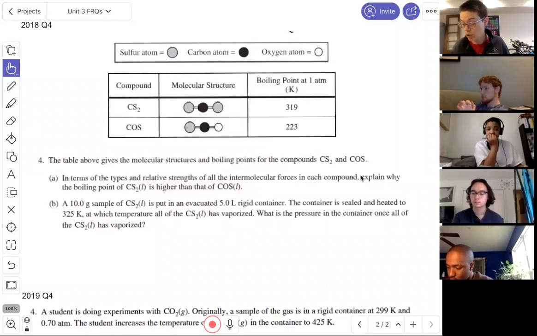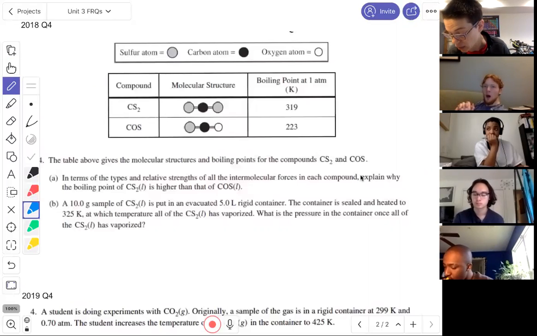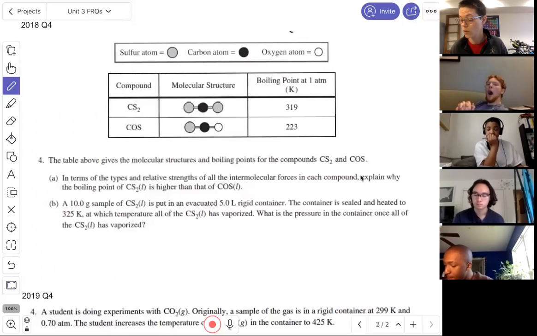So if I am looking at this, before I even read the text of the questions, I look at the information that they've given me. What can I figure out? What does this molecular structure tell me when I look at these two things? Carl?